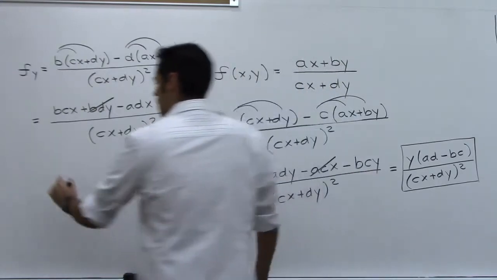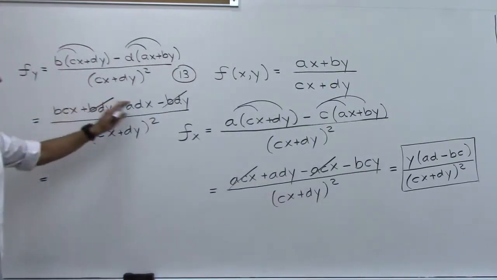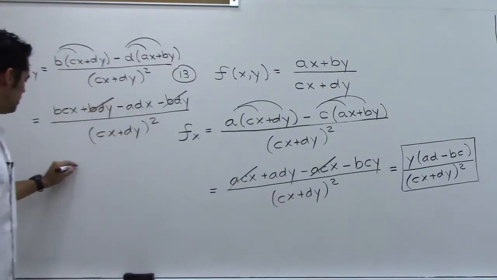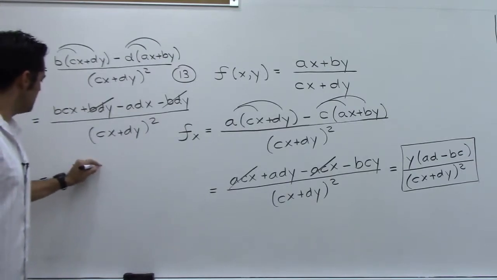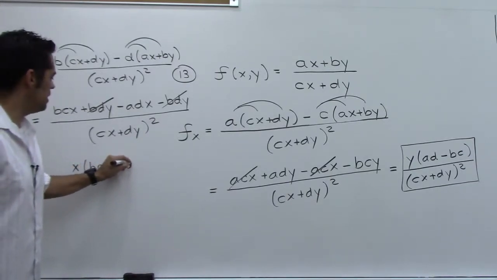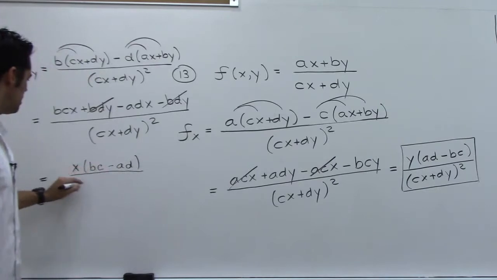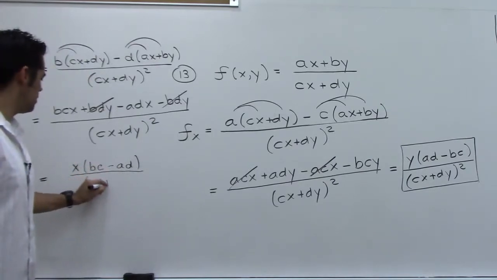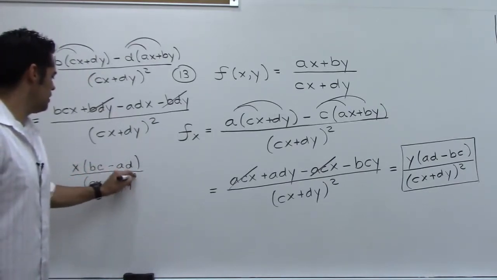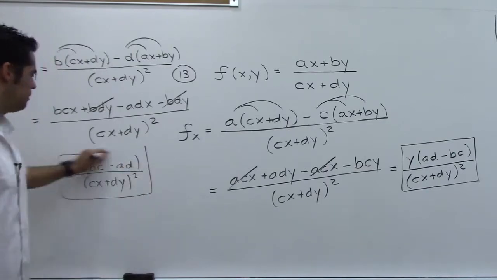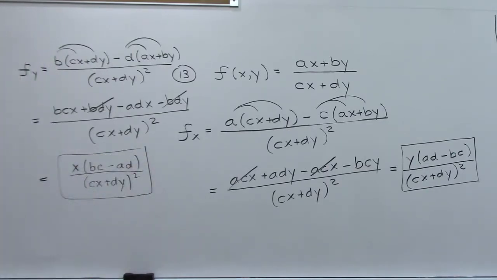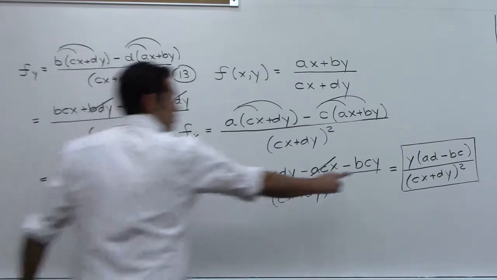So we just have on the top this minus this, but they both have an x, so I can pull the x out. bc minus ad over on the bottom cx plus dy quantity squared. There we go. So that's number 13. Let's see, in the answer solutions, they do factor out that x and they do factor out that y.